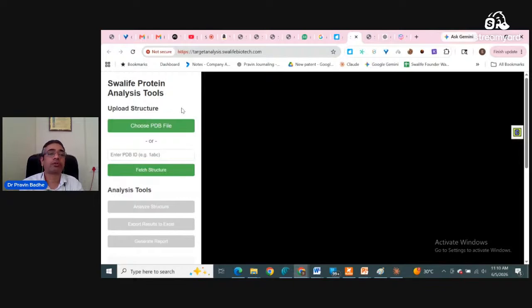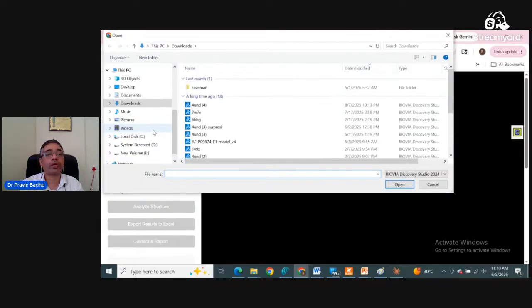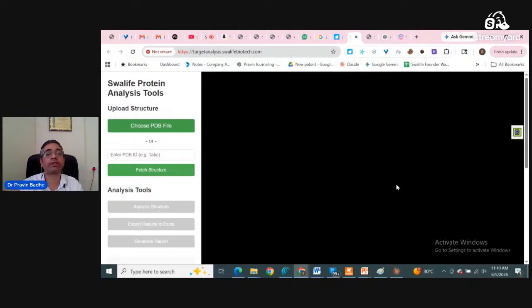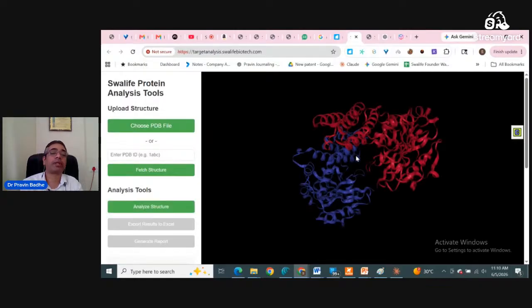You can run this by taking the PDB ID, or you can also upload the PDB files if you have any. So let's say I will use 4UND, that is the TRP inhibitor protein, and the structure will come like that. Now when you click on analyze structure, it will start the process.